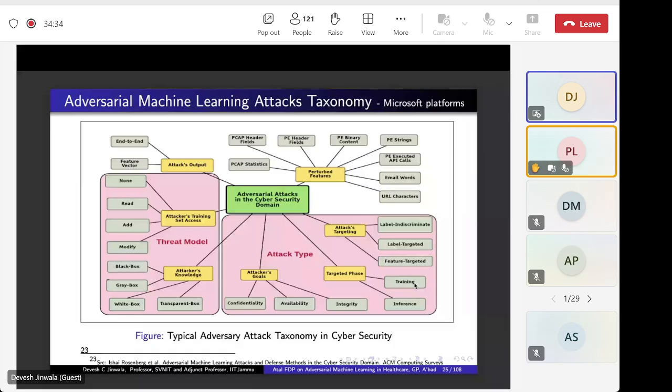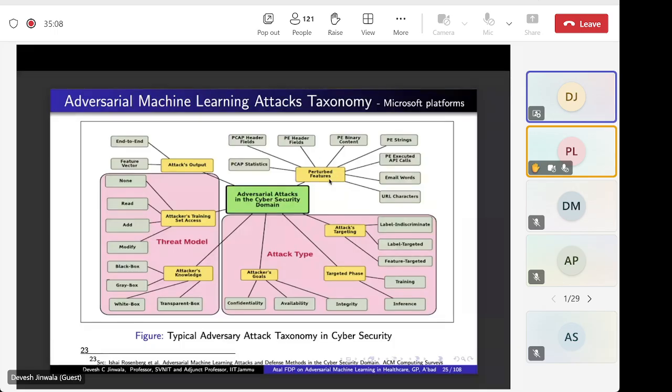It is obviously in this 1.5 hour, I'll not be able to discuss the entire paper, but I think I would be able to give you the basic substance of what this paper contains. It is interesting to study that paper because it gives a lot of research directions which can be followed further. So this is Microsoft's view, because it talks about the taxonomy on Microsoft platform. It talks about what can happen if the features are perturbed.